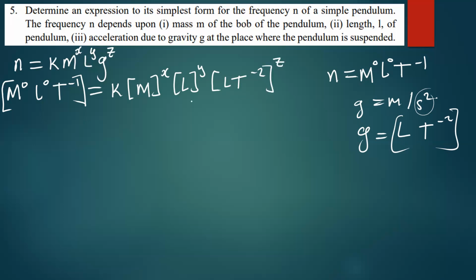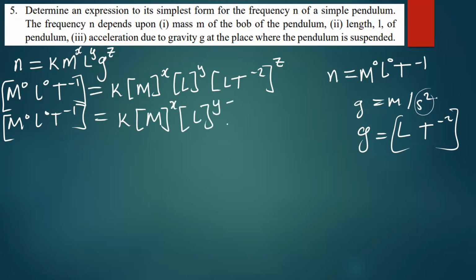So we can rewrite this as M0, L0, T -1, and we say this is equal to k. Then we have M to the x, L to the y, and when you distribute the z there, we're going to have L to the power z and T to the power -2z. Okay, this is what we're going to have.